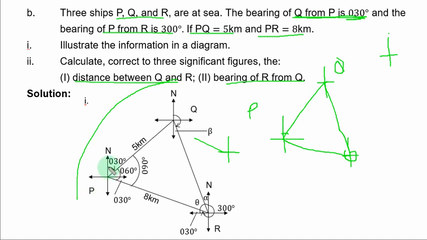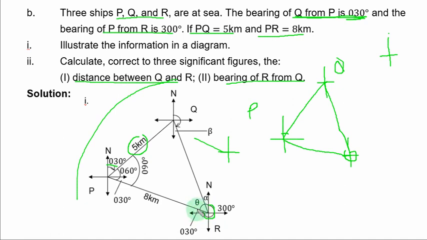Alright, so here is 30 degrees. The distance is 5 kilometers. Now from R you have 300. But now look at what happened here. From this point to this point, you have 270 degrees, that is 3 quadrants.